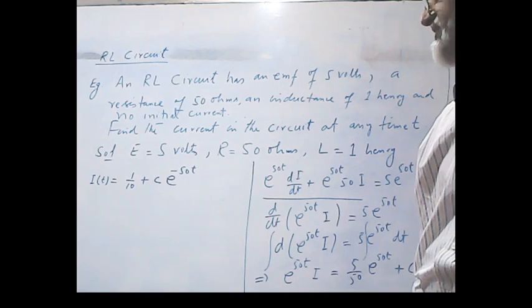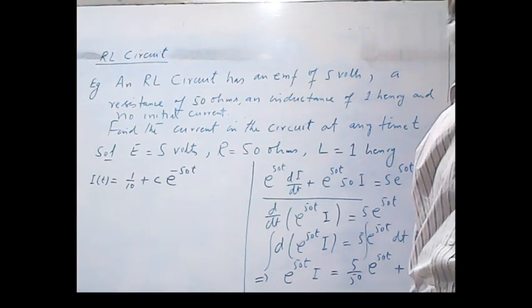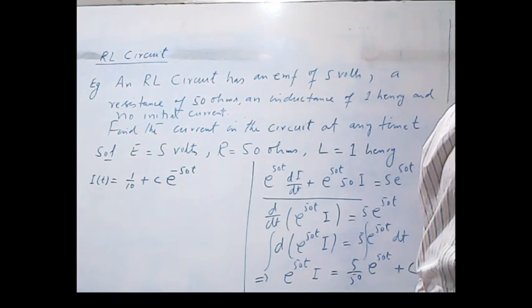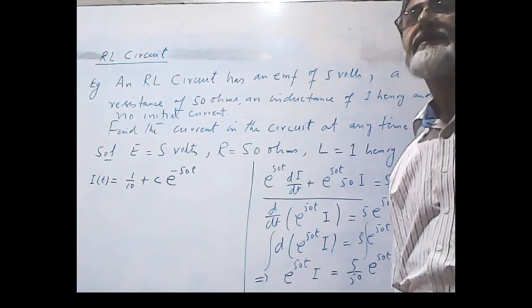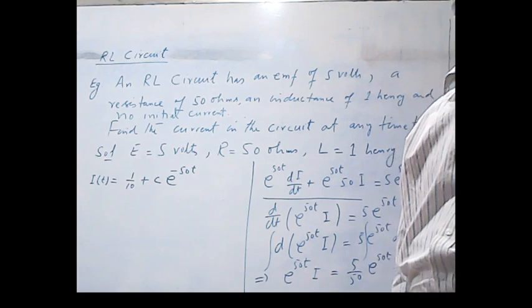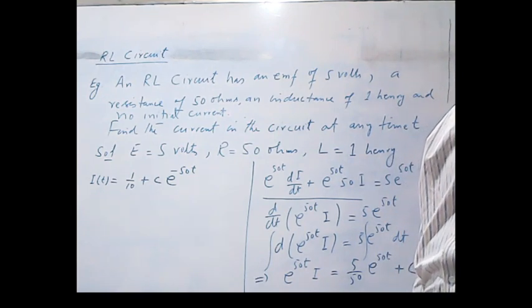Now sometimes the equation is written in the form of the charge also. A question may involve finding the charge at any time t. So you can write the situation in terms of the charge. You know the current I can be written as dq by dt, the rate of change of charge with respect to time.